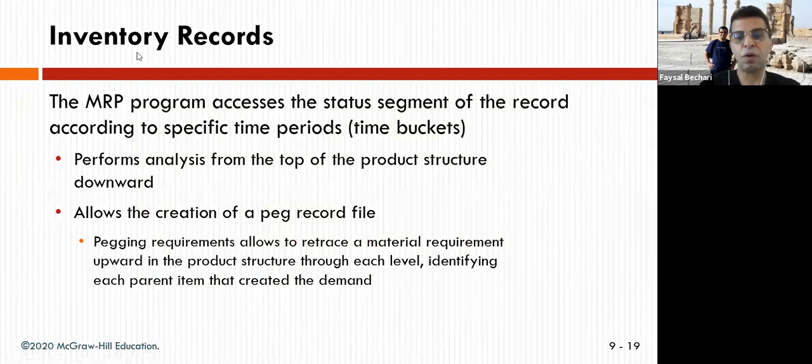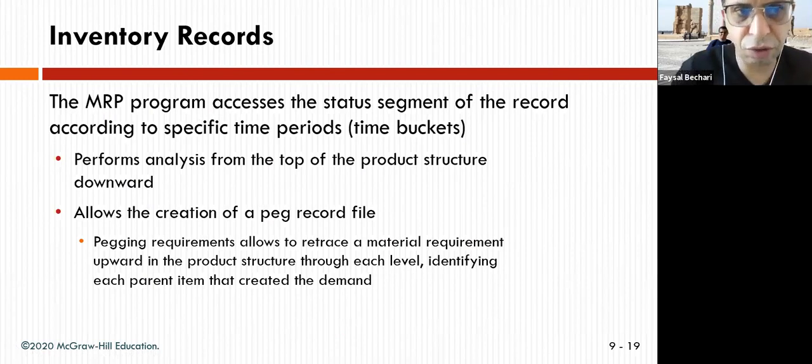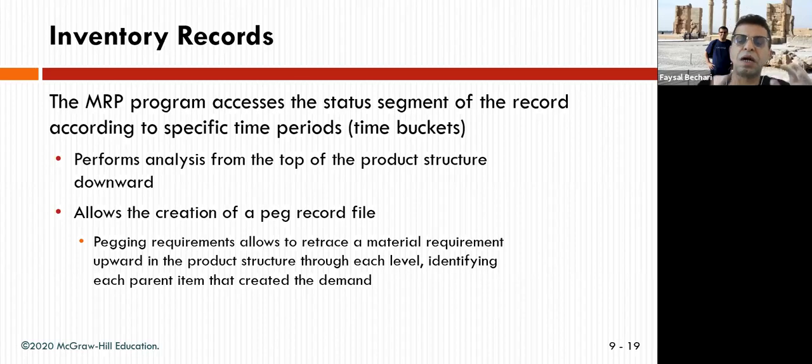Now, when we talk inventory record, the MRP program accesses the status segment of the record according to a specific time period. So at this time, they have that much unit, but two months down the road, they will have fewer units if there is no refurbishing, if more doesn't come into the warehouse. So it accesses the units available in the warehouse, how much they had and how much is coming.